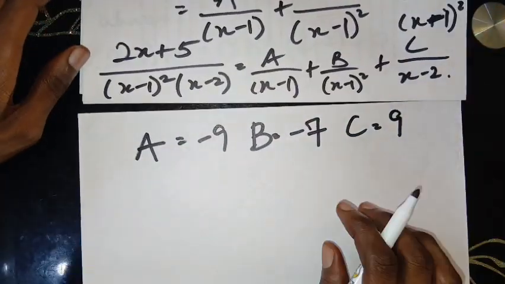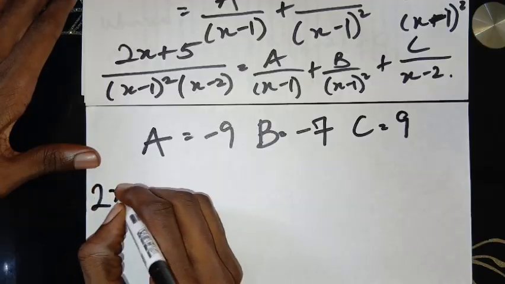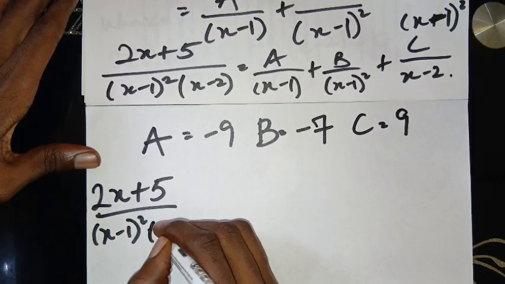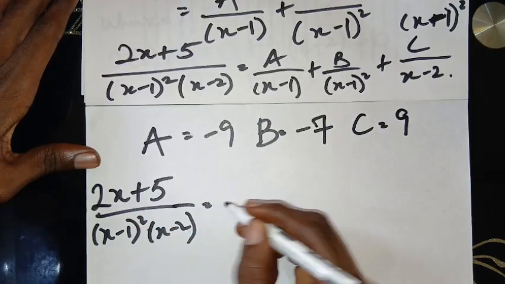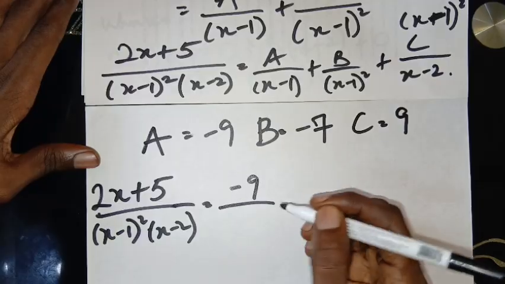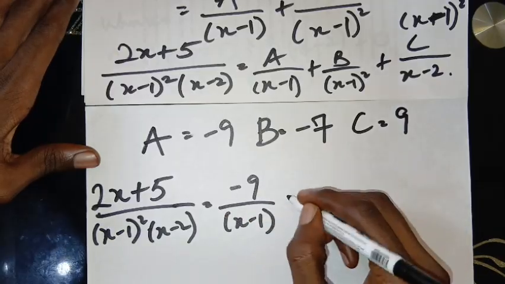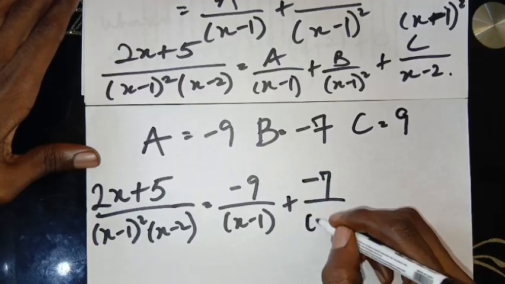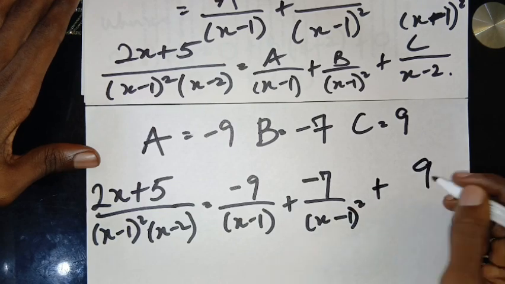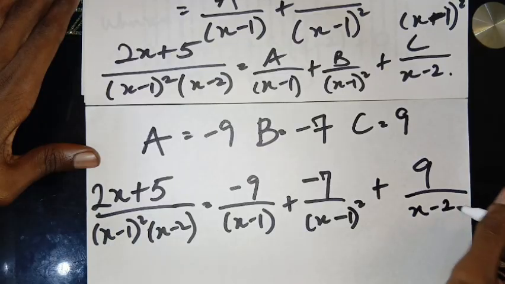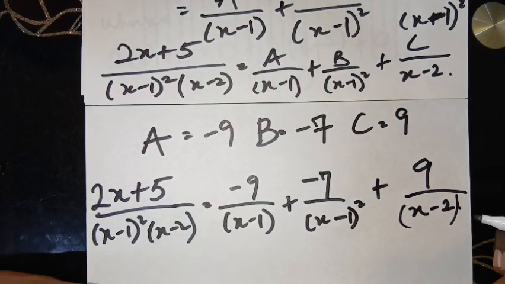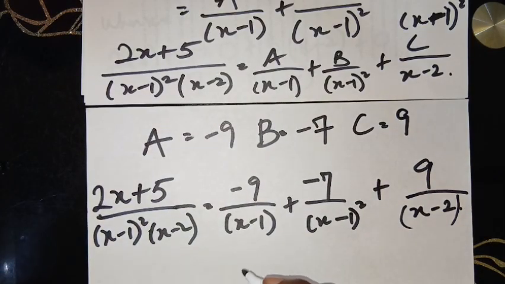From our previous equation, we have 2x plus 5 over x minus 1 squared, x minus 2, equals a over x minus 1, plus b over x minus 1 squared, plus c over x minus 2. So a is minus 9, plus b, plus c. Can I write this properly?